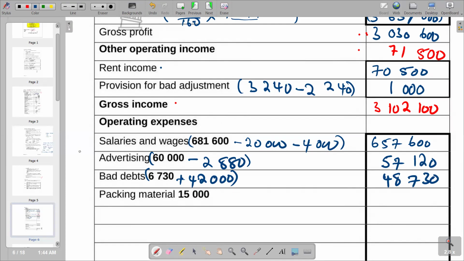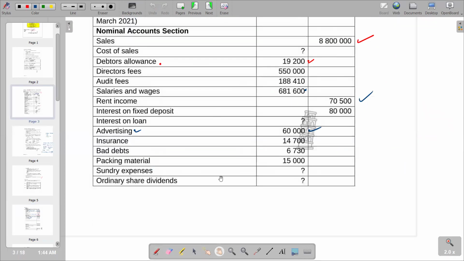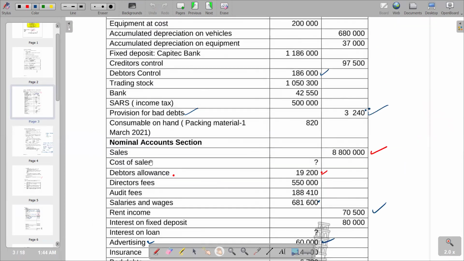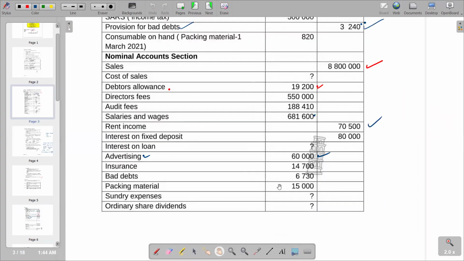The first figure is 15,000. If you go there, you'd see that 15,000 is the figure we have for packing material that was bought during the period. Remember, the nominal account section represents the transactions that took place during the period. So packing material of 15,000 represents the total packing material that was purchased during the period. The one that we need in the statement of comprehensive income is the packing material that was used, which is going to represent the expense.